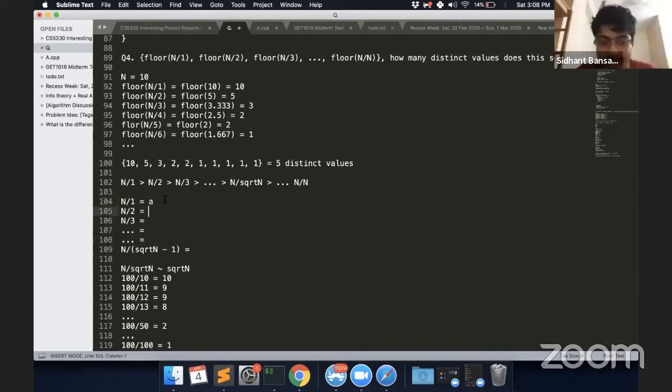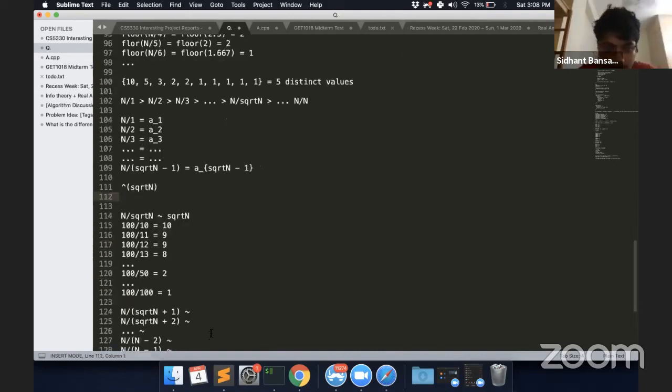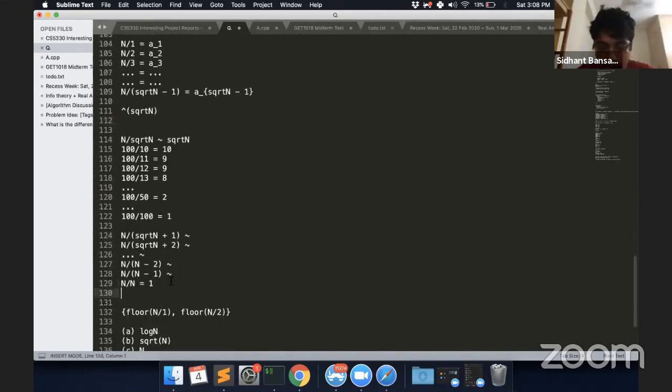It gives A, this gives B, this gives C. This gives A1, this gives A2, this gives A3, and so on, and this gives A square root n minus 1. So how many values did we get in total? Square root n values, right? From the above thing, we got square root n values, and from the below thing, we also got square root n values. So in total, we got 2 square root n values at most.